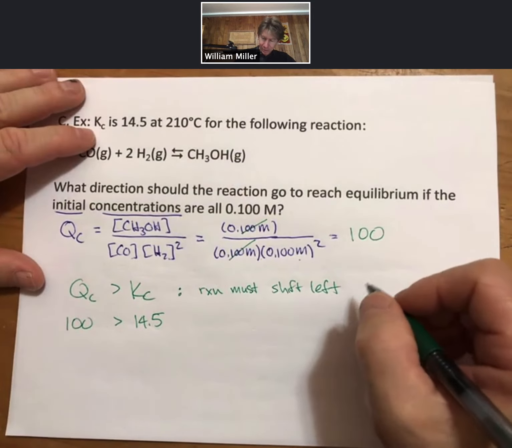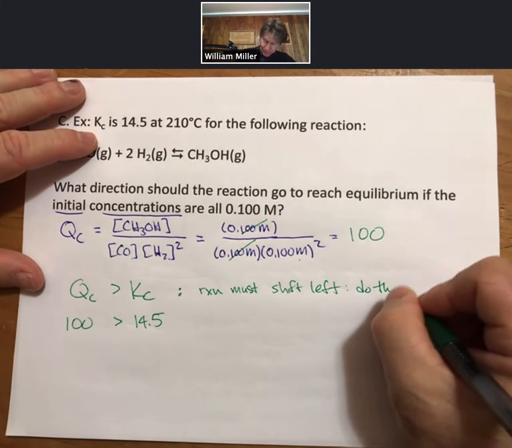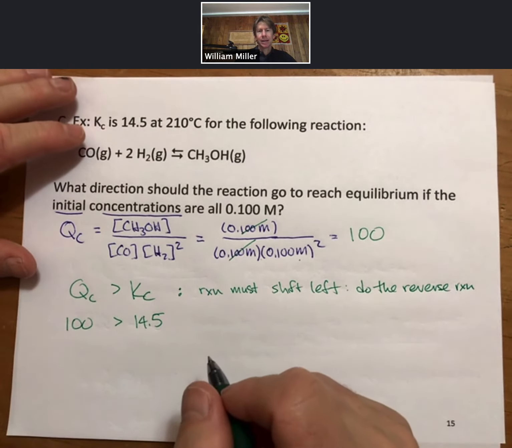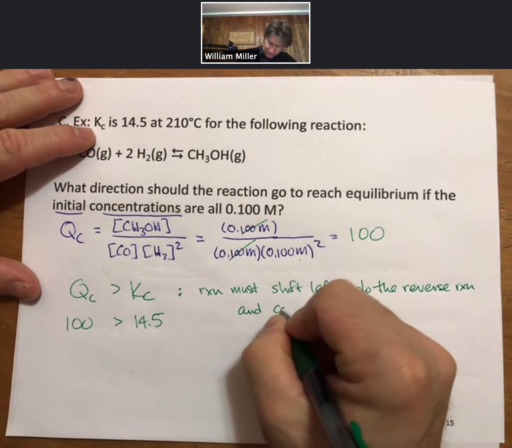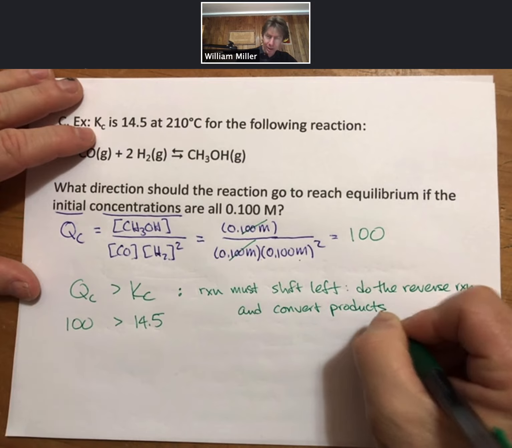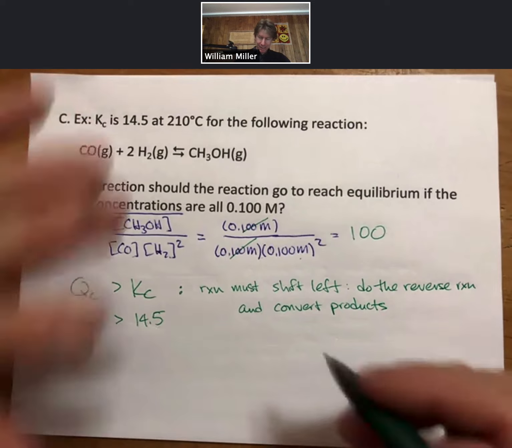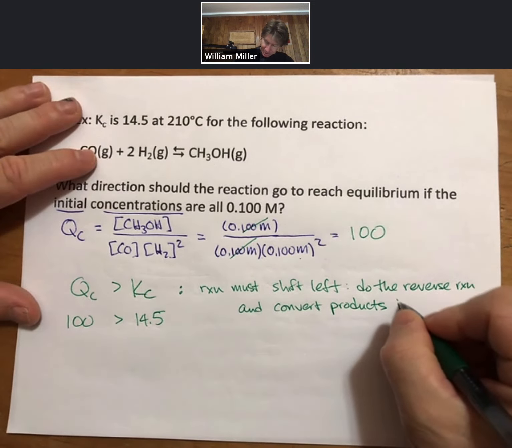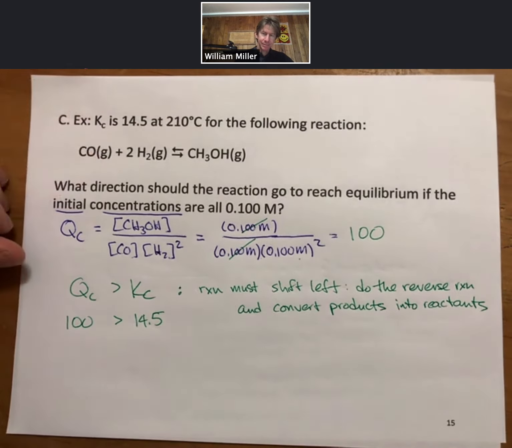Shift left, which means do the reverse reaction and convert products into reactants, which I know are three ways of saying exactly the same thing, but just in case any of these seems better to you, any of those is fine. Convert products into reactants. Good.